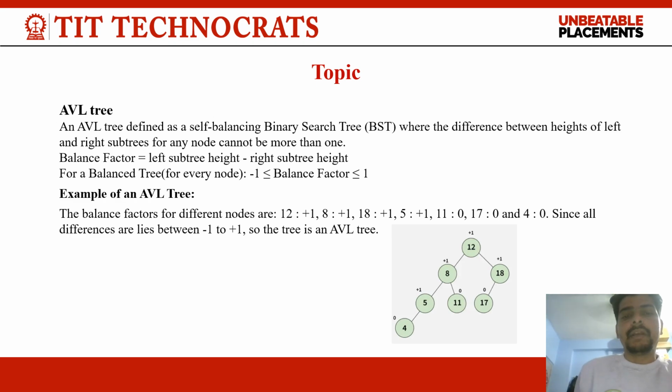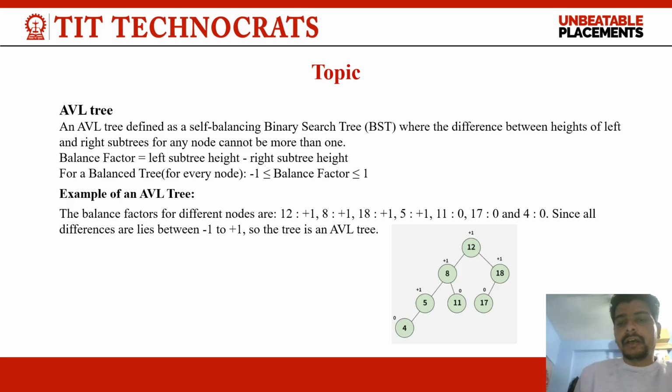Rotations are mainly four types: LL rotation, RR rotation, RL rotation, LR rotation. As needed, we use these rotations. So the AVL tree guarantees a complexity of O(log n) time for search, insertion and deletion. It is better than O(n) time complexity.